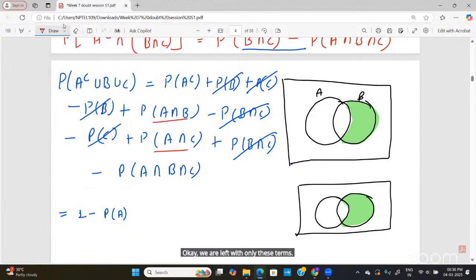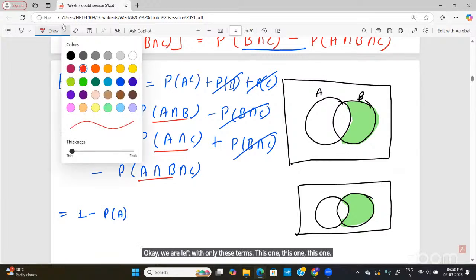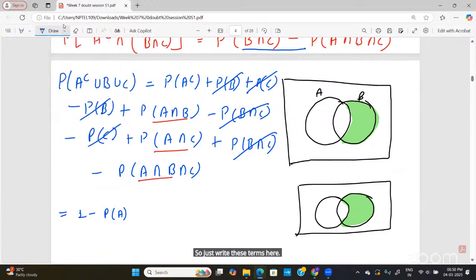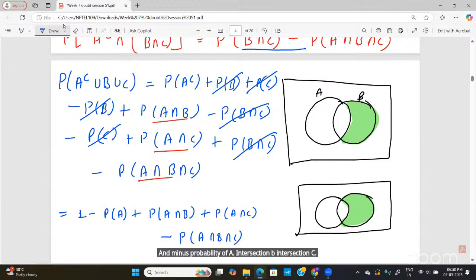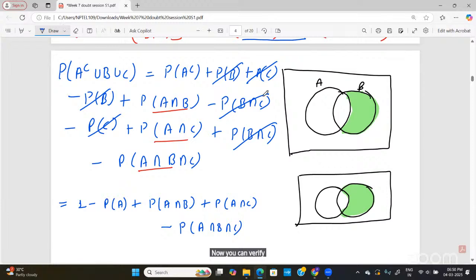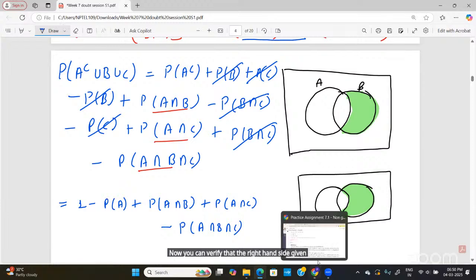So just write these terms here: plus probability of A intersection B, plus probability of A intersection C, and minus probability of A intersection B intersection C. Now you can verify that the right hand side given in the question is the same or not.